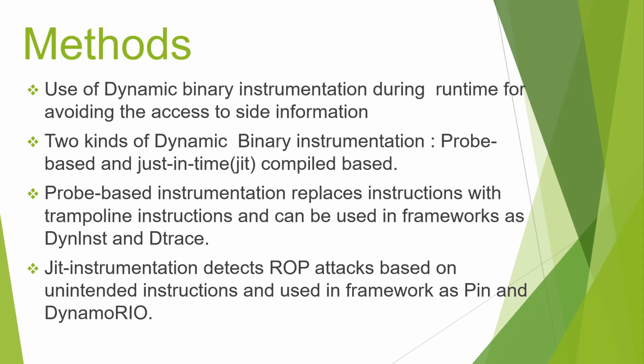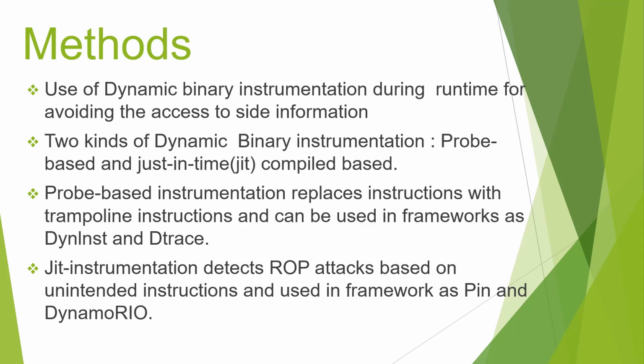Basically, they focus on the use of dynamic binary instrumentation at runtime to avoid access to side information. There are two kinds of dynamic binary instrumentation: probe-based and just-in-time compile-based.